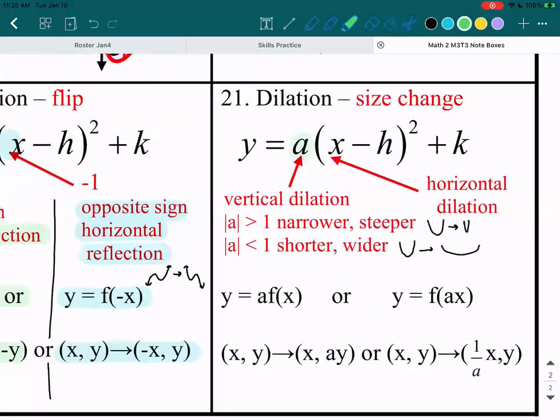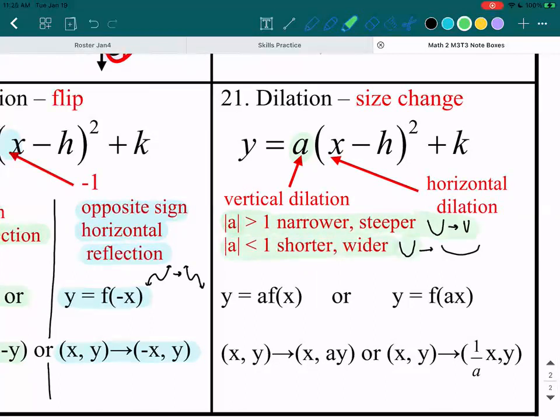So if the absolute value of a is bigger than 1, then you're going to have a narrower, steeper graph. So that means if you see your original graph over here, it becomes narrower, also known as steeper. So it gets squished that way. And then if the absolute value of a is less than 1, then you have a shorter, wider graph.